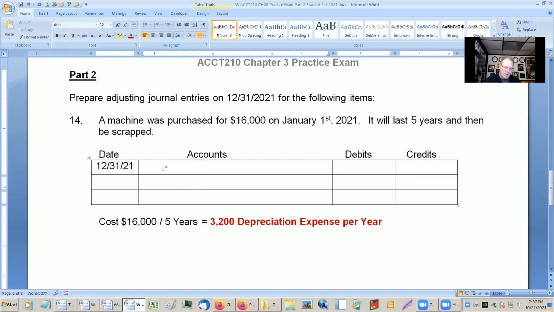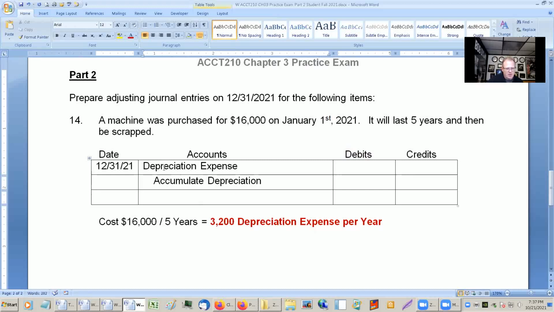depreciated. And again, the mnemonic here is DE, depreciation expense, which is debit, and accumulated depreciation, which is credit.